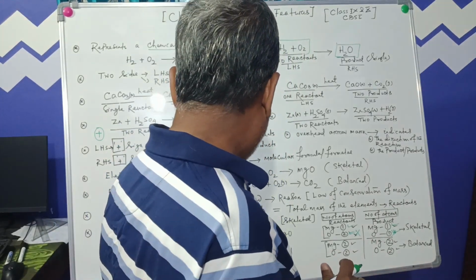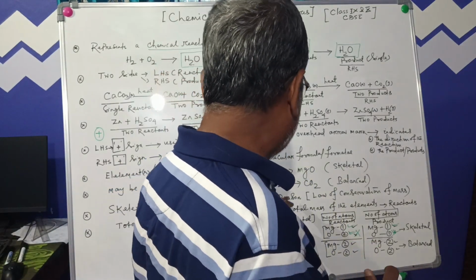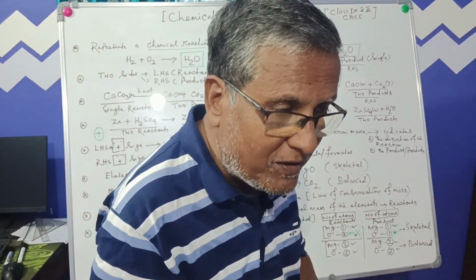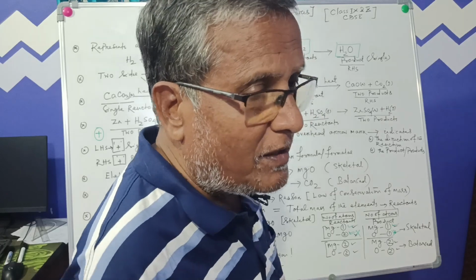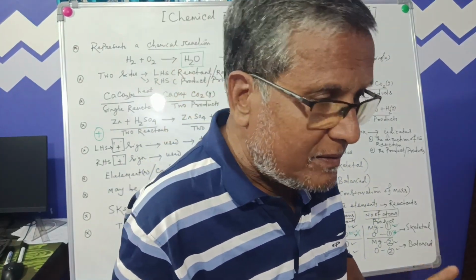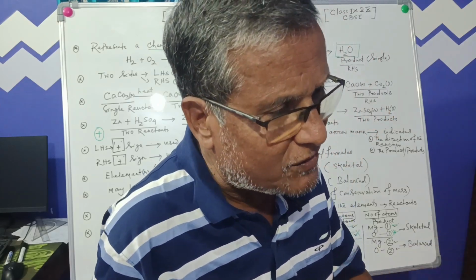So now you see, a skeletal equation is to be balanced. Why does it have to be balanced? This question was asked. Because you have already learned the law of conservation of mass in class 9. Mass is neither created nor destroyed.